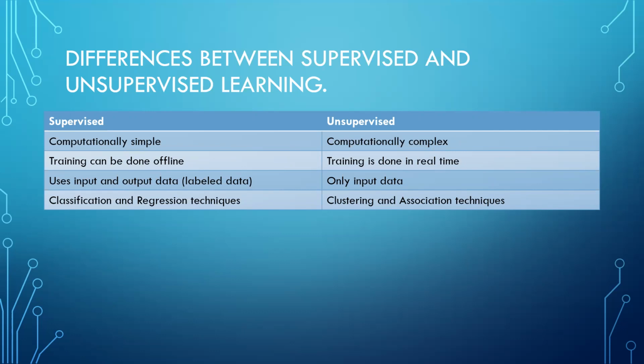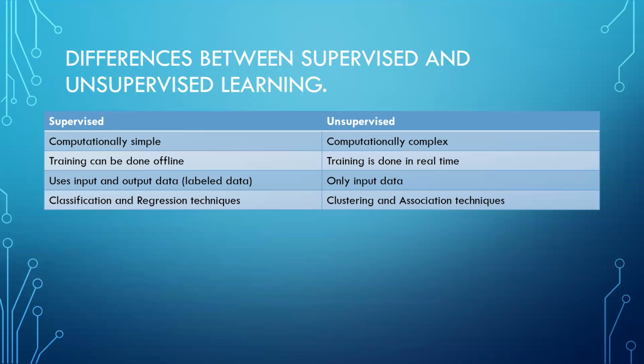For example, relating it to this stress image, if you put a face that is stressed in front of, let's say, the image sensor, it can detect that it's a stressed face. For example, when we were training the model, we said that if you see such a face, then it is stress. If you see such a face, then it is a happy face. Exactly. So supervised learning is like that.